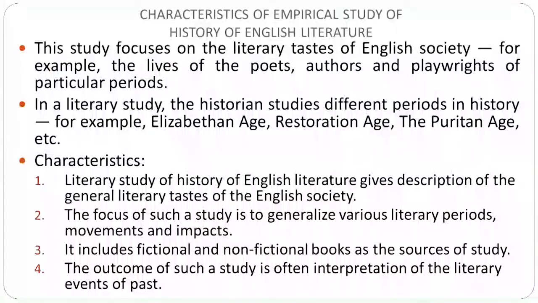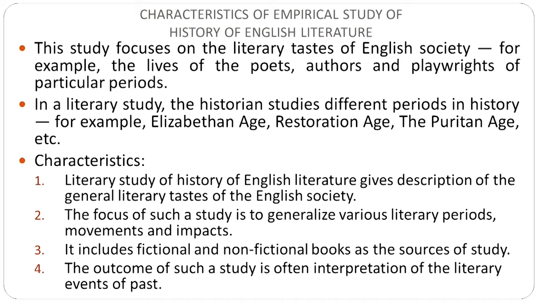Now, knowing these characteristics, let us move forward to know the literary study of the history of English literature. Friends, the literary study of the history of English literature, unlike empirical study, focuses on the literary tastes of English society.